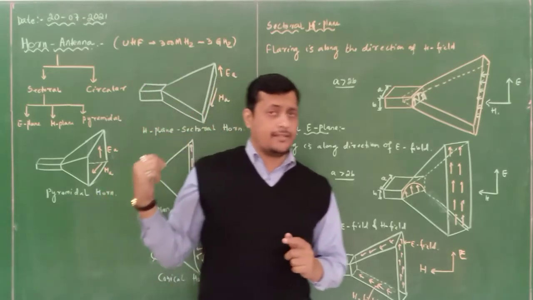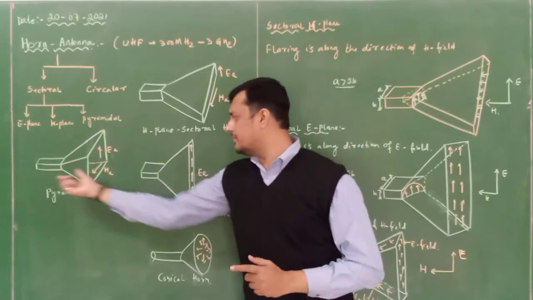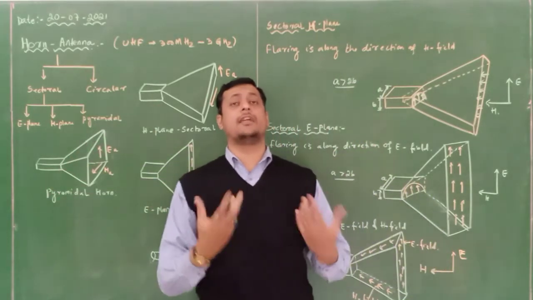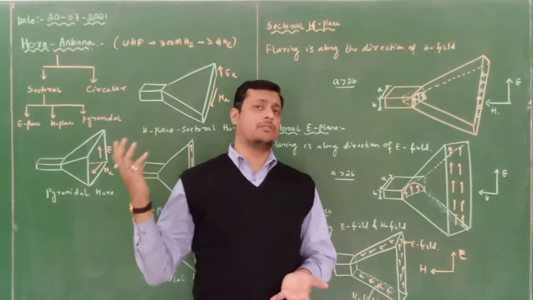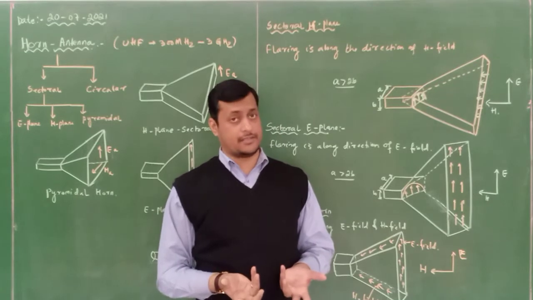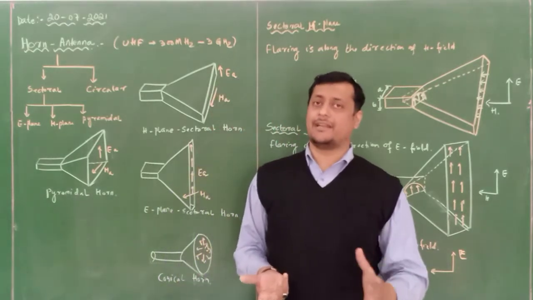Now you can see that small parts of a rectangular waveguide are available, and these rectangular waveguides are basically used to deliver information. We know that waveguides are basically used for transmission of microwave energies. These microwave energies are nothing but electric fields and magnetic fields.